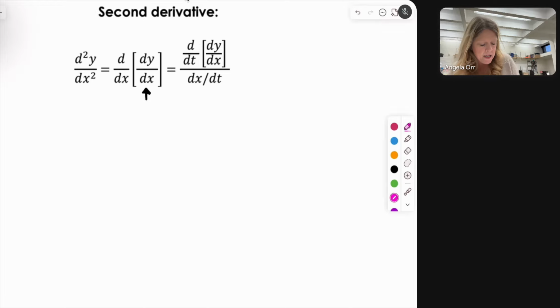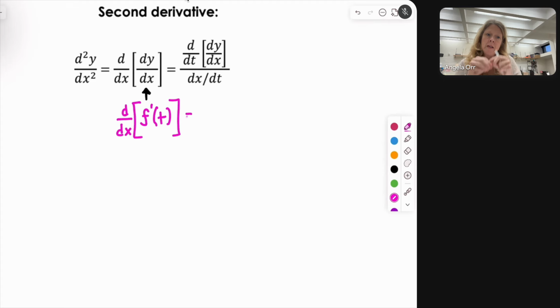And so this right here is the derivative of a function with respect to time. So if I'm going to take the derivative of that, then I need to take the derivative of the outer function, and that would give us the second derivative with respect to time.